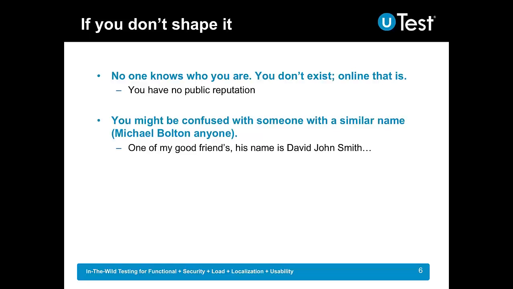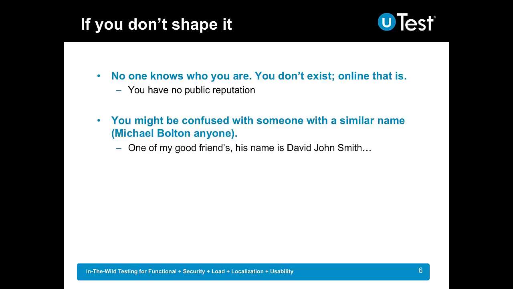Another problem that could happen if you don't shape it yourself is that someone else shapes it because they have a similar name to you. Now, this isn't as big of a deal, probably for most people, but I actually have a couple of friends for whom this is a problem. So at least in the United States and probably in Europe, a common name is David Smith.